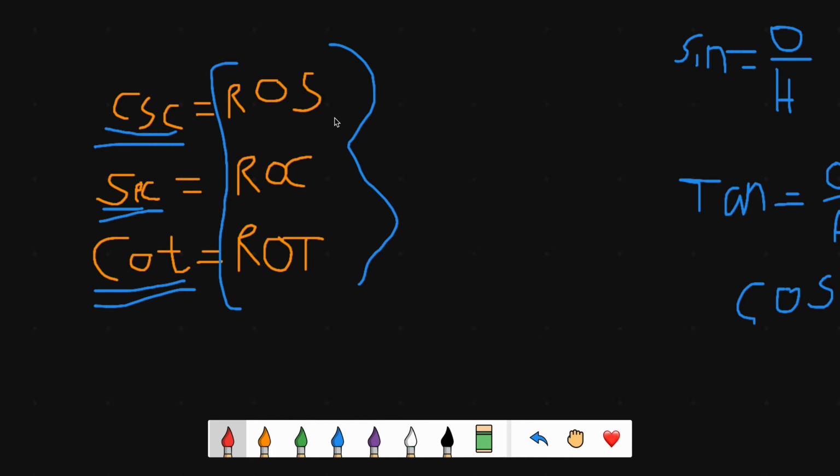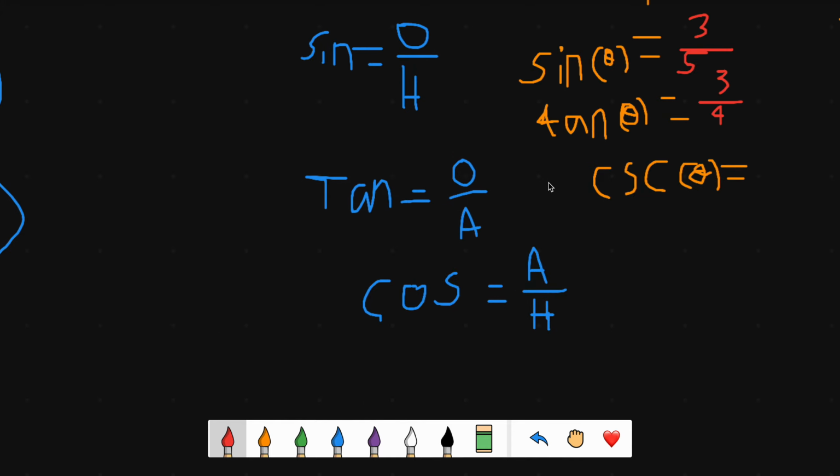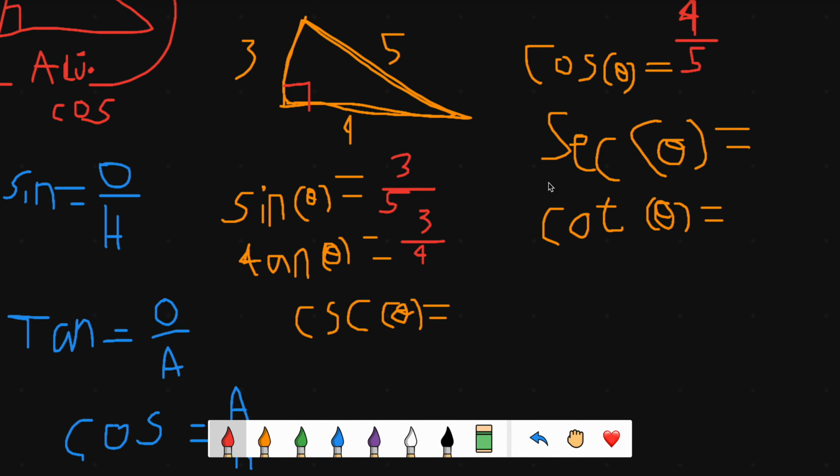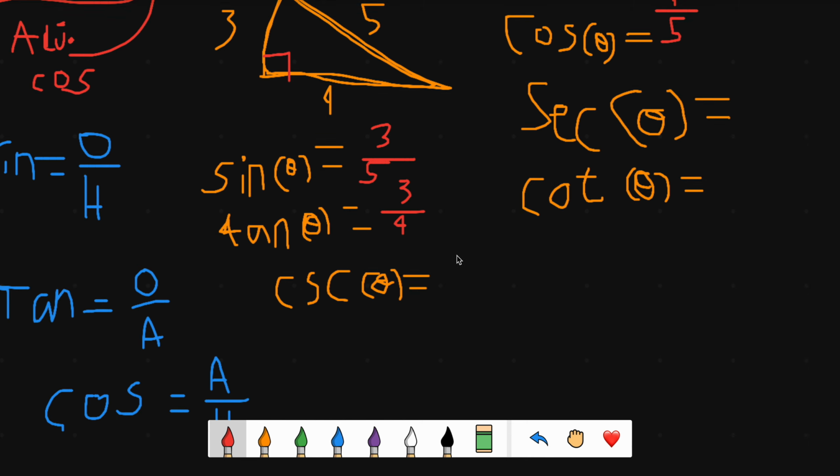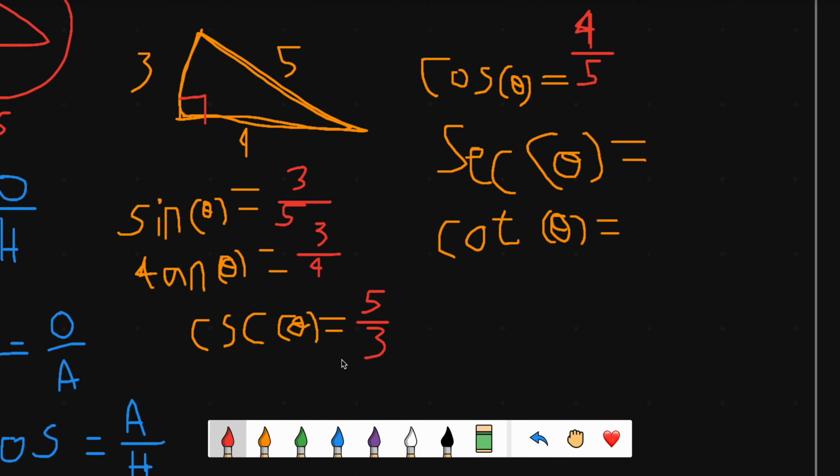So cosecant is Ross, meaning reciprocal of sine. We have sine as 3 over 5, so this becomes 5 over 3. Since cosecant is the reciprocal of sine, the reciprocal of 3 over 5 is 5 over 3. So that's why the cosecant of this triangle is 5 over 3.